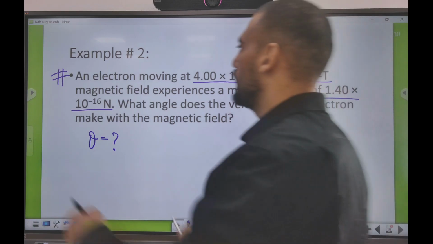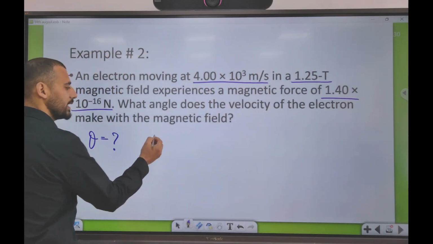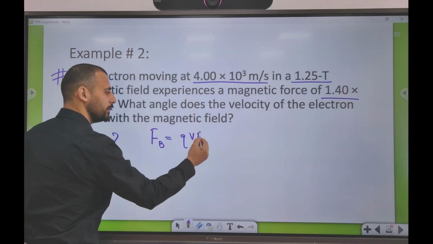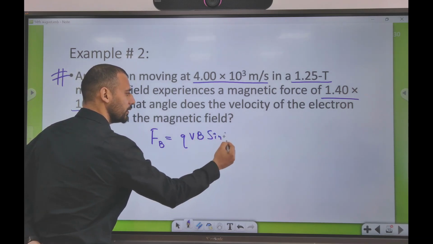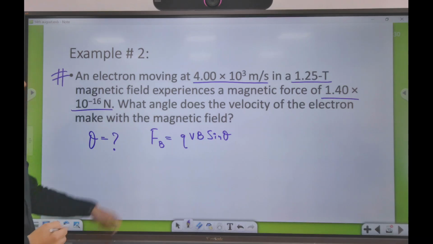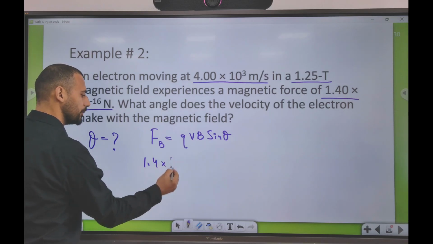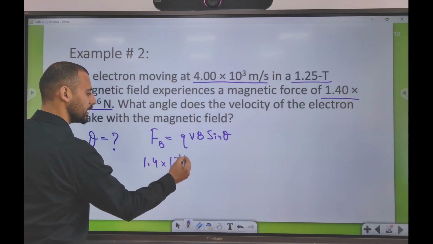So what you have to do here, you again use the expression that the magnetic force is given by QVB times sine of theta, okay? Now the force, what is the force? 1.4 times 10 to the power negative 16, correct?